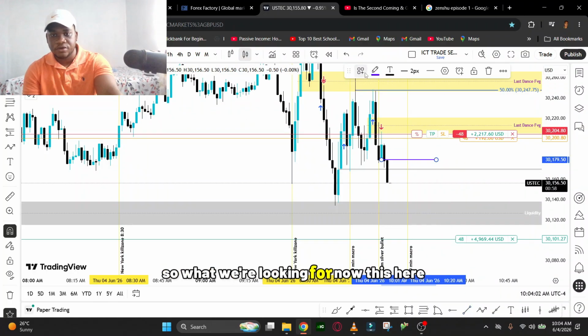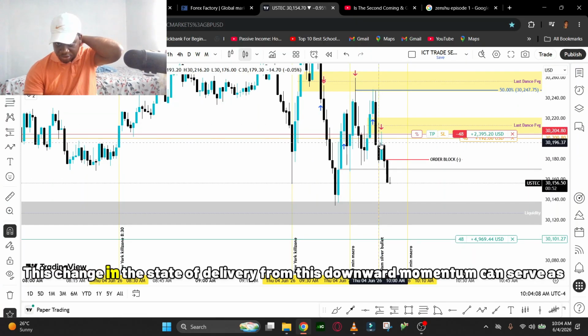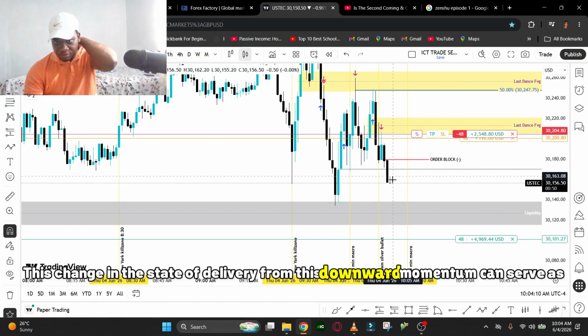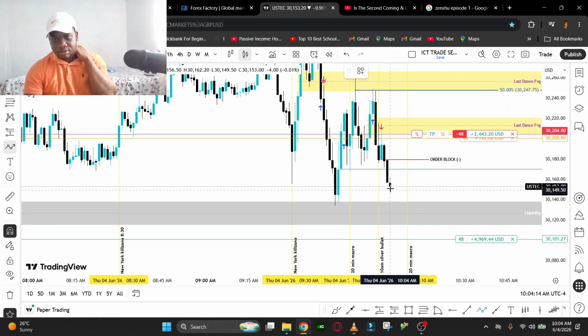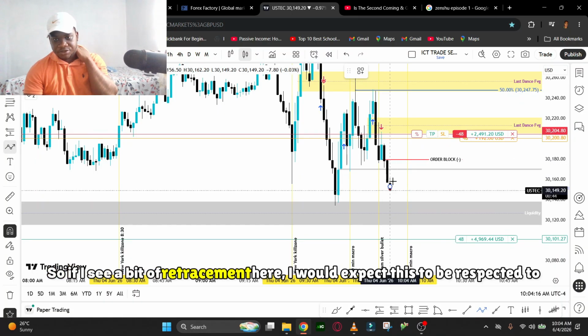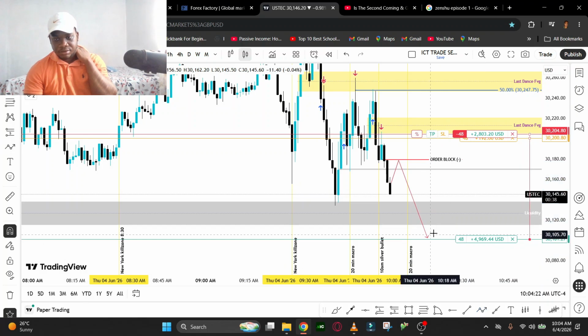So what we're looking for now, this change in the state of delivery from this downward momentum can serve as an order block. So if I see a bit of retracement here, I would expect this to be respected to take price lower.